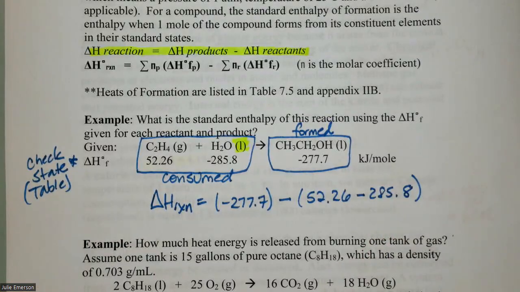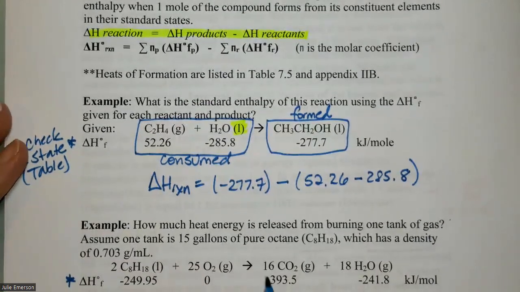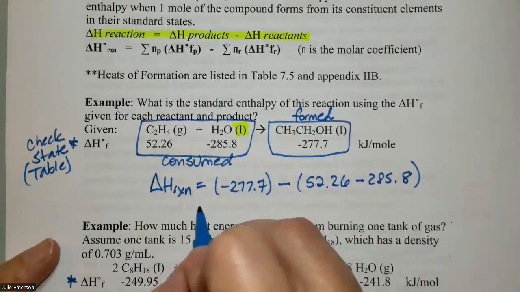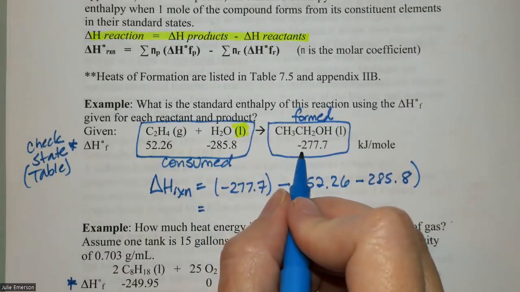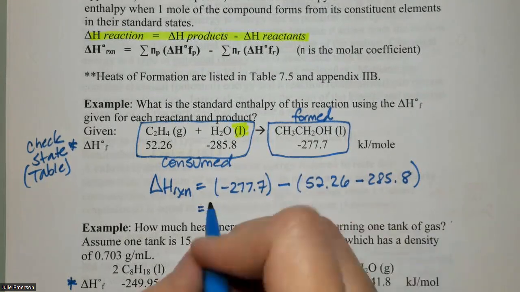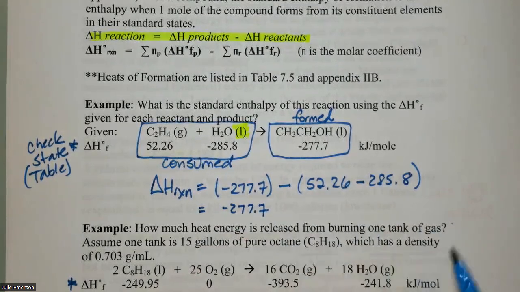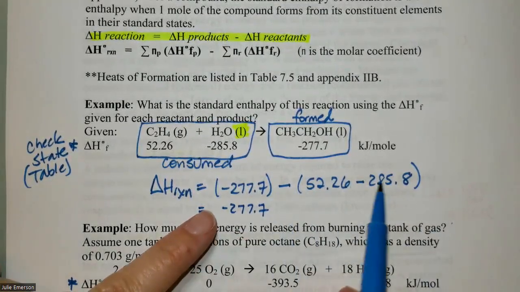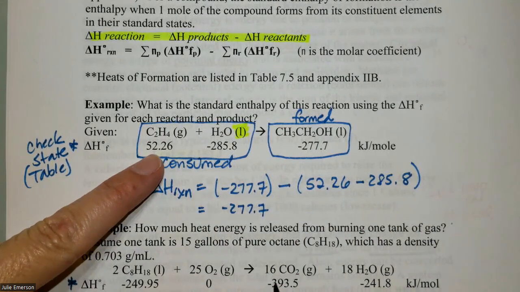Now, you can do this step by step, but here's what made sense to me because I like to make it as simple as I can, and this seemed simpler to me. If it's on the product side, it's being formed, so the heat of formation value stays the same, negative 277.7. If I distribute the negative through the parentheses, whatever's on the reactant side isn't being formed, it's being reacted, so it's going to change the sign.